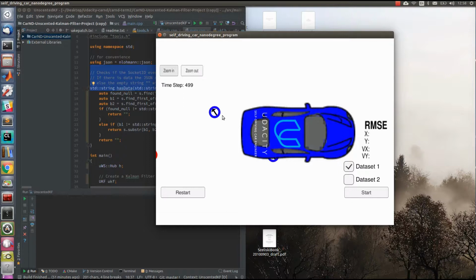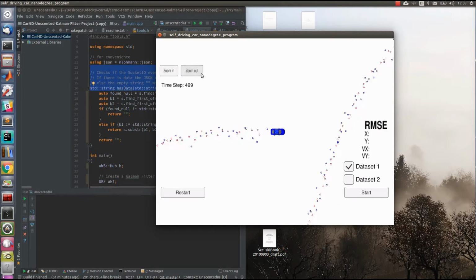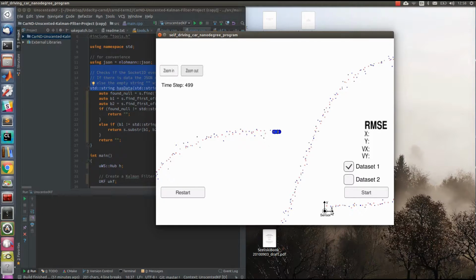Because the radar measures range, bearing, and range rate. So this arrow refers to bearing. Bearing, in this case, is the angle between the motion vector of the moving object, of this car, and the x vector of our sensors.